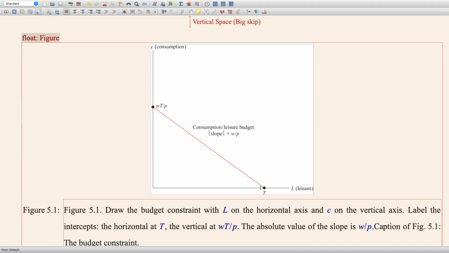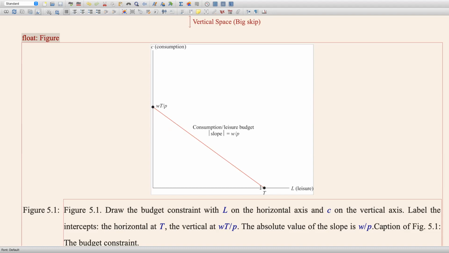The second thing to notice is that I have to isolate for C. The moment I isolate for C, I get the following information: the slope of this red equation is W over P. Of course, if I flip the axes, so now leisure becomes the horizontal one, then the slope also will flip. So don't take this at face value. It just depends on the perspective. I chose this perspective, no implication whatsoever on the real analysis, just an artistic choice. Under this choice, the slope is W over P.